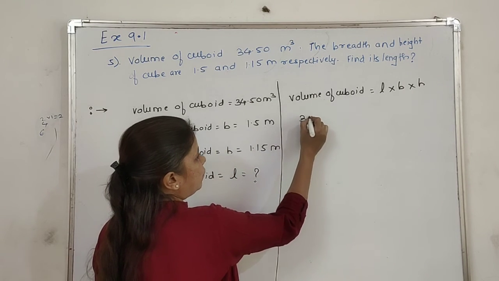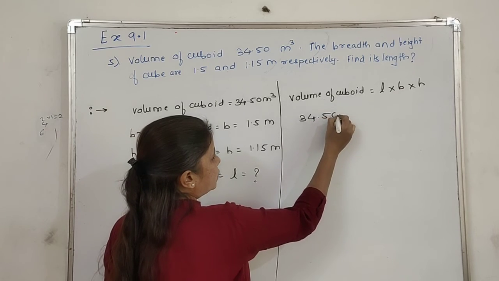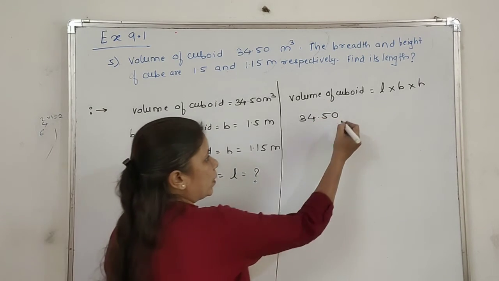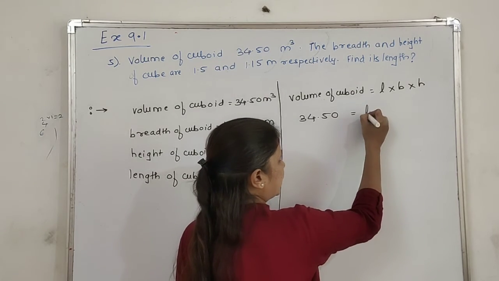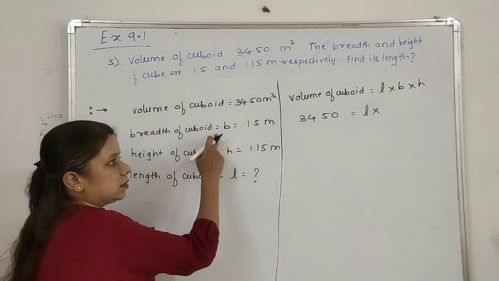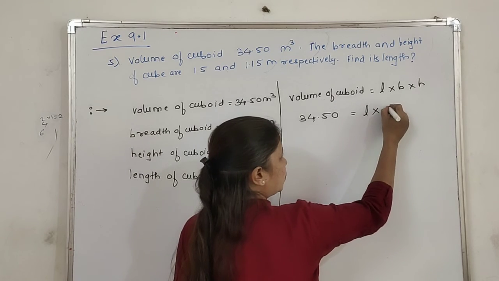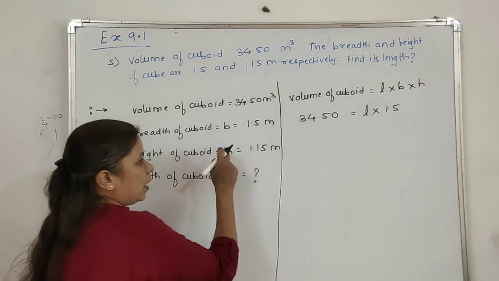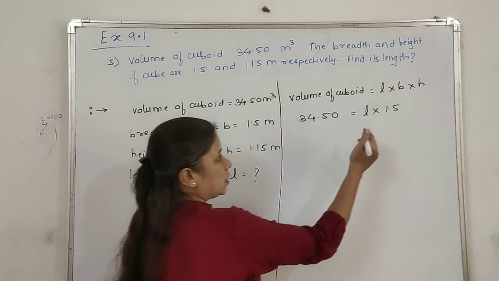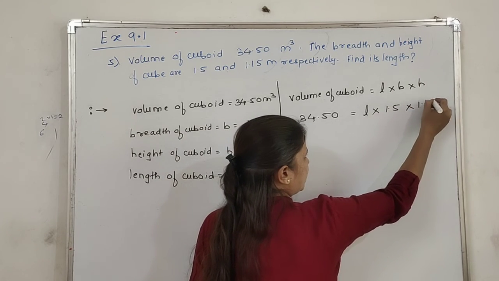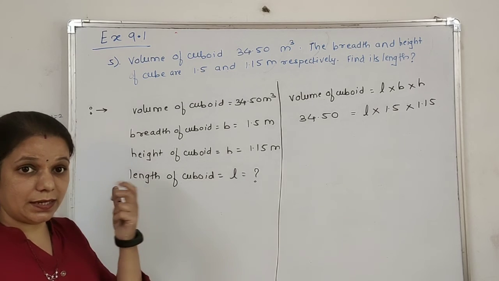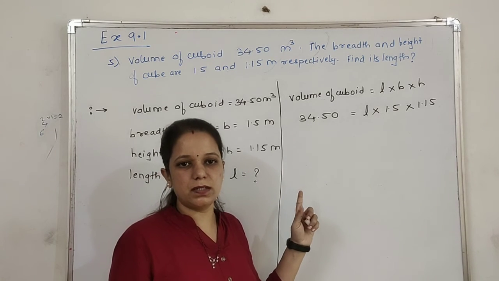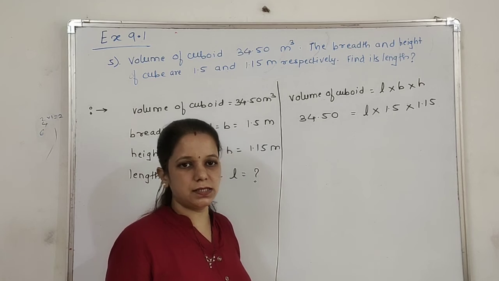So 34.50 is equal to length, we need to calculate it. So we will put it as L. Breadth B, it is given to you as 1.5 and height H 1.15. Now the calculation here is very easy. In spite of decimals, the calculation part is very easy.